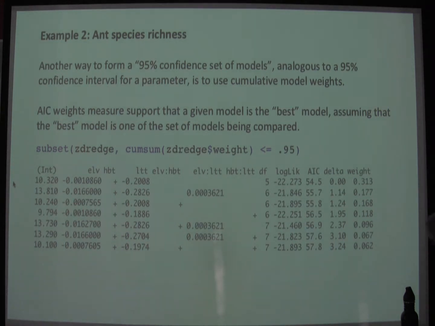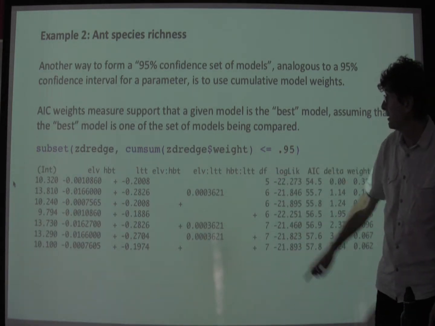They measure support that a given model is the best model, assuming that the best model is somewhere in this list. The weight of evidence is highest for the best model, but not much less for the second best model, and so on. Then the numbers start to get smaller and smaller.